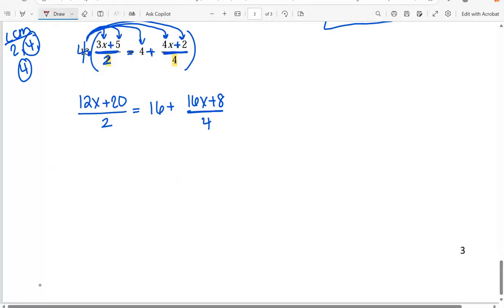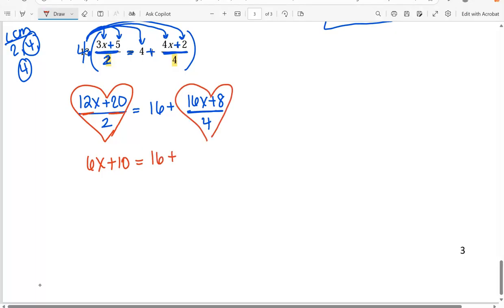Once I've multiplied, now I can come back and break them up. 12 divided by 2 is 6x. 20 divided by 2 is 10. 16 plus 16 divided by 4 is 4x. 8 divided by 4 is 2. So I have 6x plus 10 equals 4x plus 18.